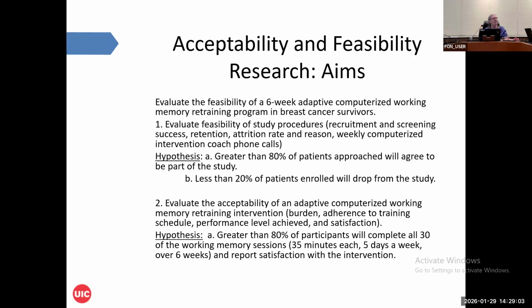So when you asked me about defining engagement or fidelity to an intervention, this is when you do it, when you're doing acceptability and feasibility. Not so much with a randomized clinical trial, because you should have that information before you go into a randomized clinical trial.